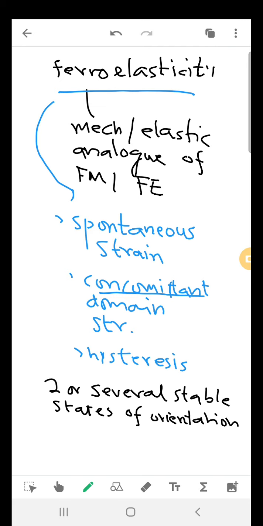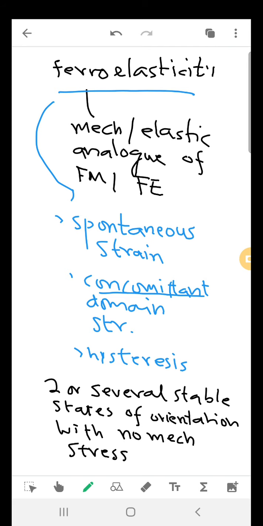Now, it is possible to change reversibly one state to another by applying a stress. Now, there exists stress strain elastic hysteresis with spontaneous strain and coercive stress.